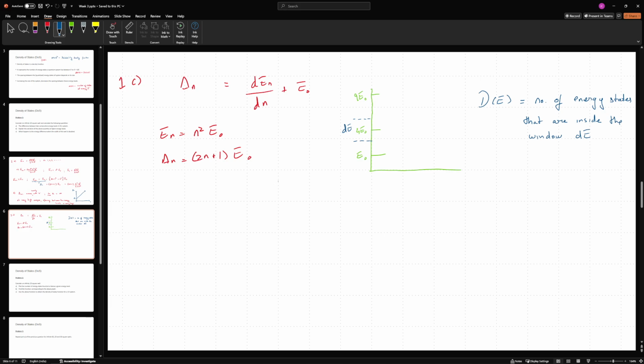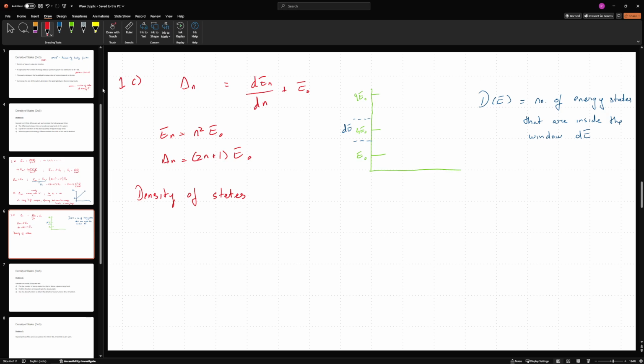Now, using this, I will show how this can be related to the density of states. Density of states can alternatively be written as follows. What do I mean when I talk about density, like mass density or charge carrier density?